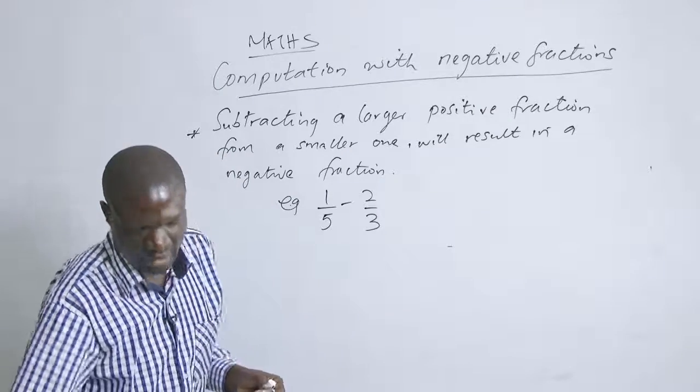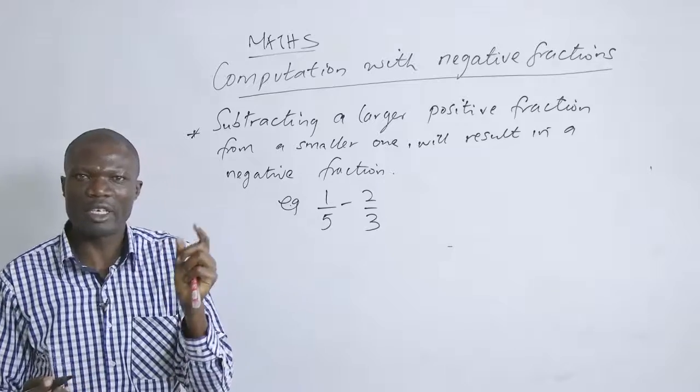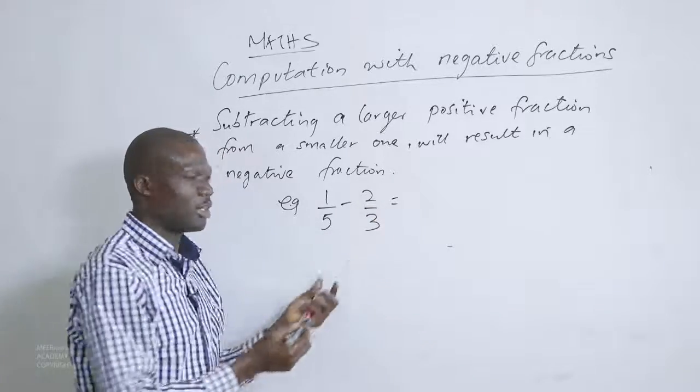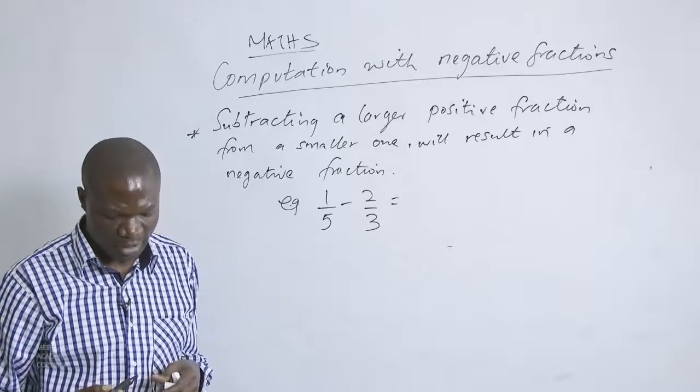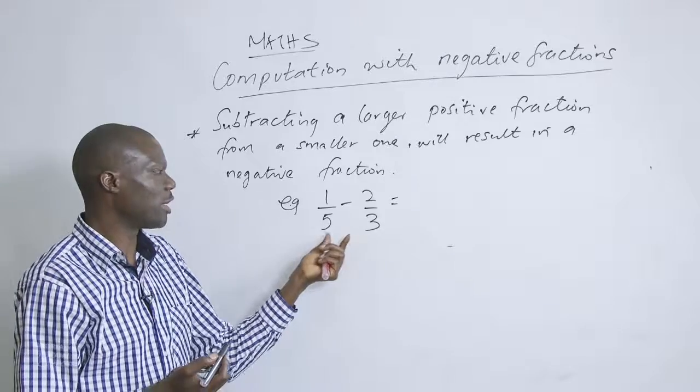to approach that, in fractions, we cannot work when the denominators are not the same. So this implies that we need to get common denominators, and having gotten them, then we work out.